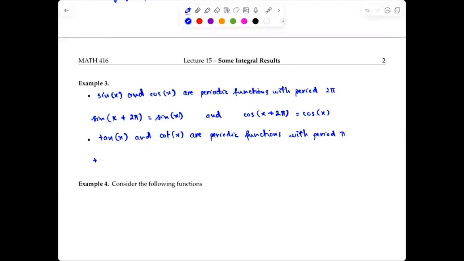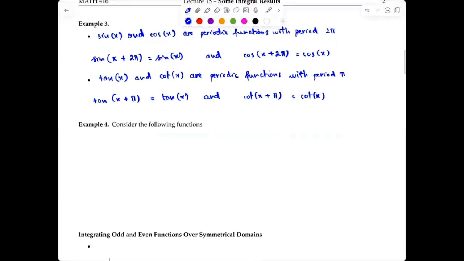Algebraically, this is how you can describe the functions. So tangent of x plus pi equal to tangent of x, and cotangent of x plus pi equal to cotangent of x.